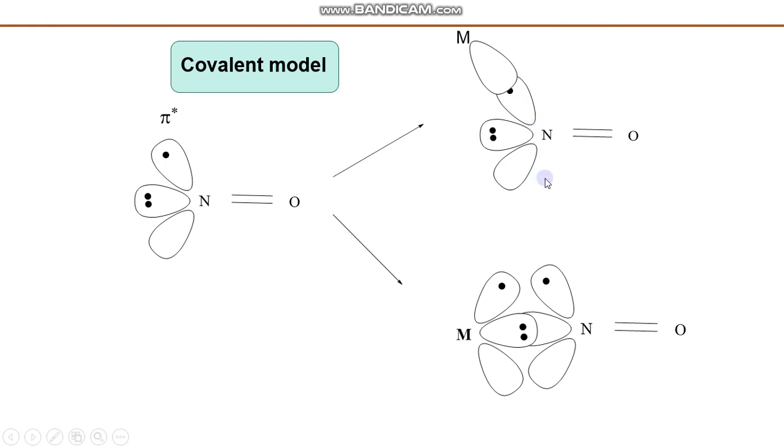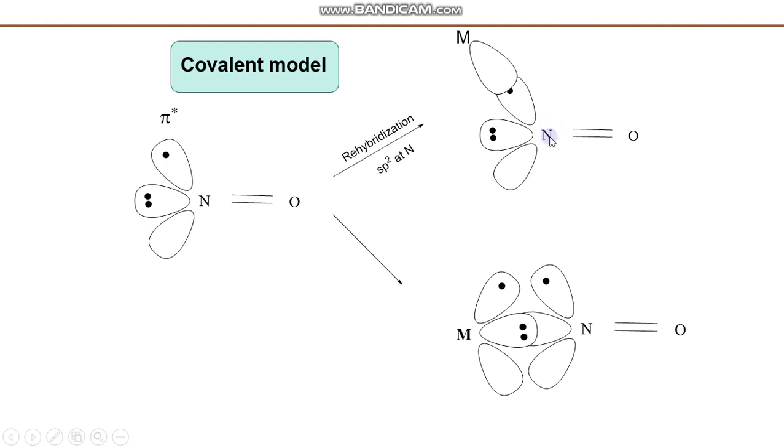And now look at the conceptual stability of the system. Whenever there is disorder in the system, rearrangement in the system, or some sort of disturbance in the system, that system is least stable. If you look at these two systems, in one the hybridization around nitrogen does not change, and on the other hand the hybridization around nitrogen changes.